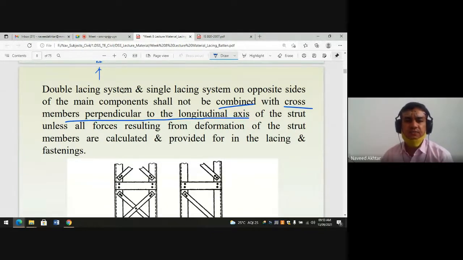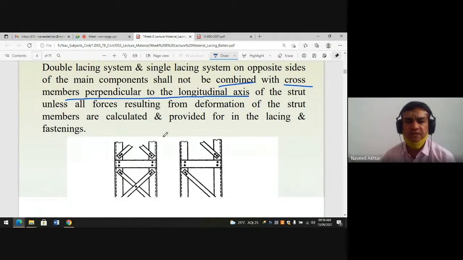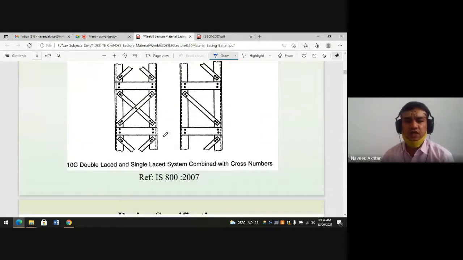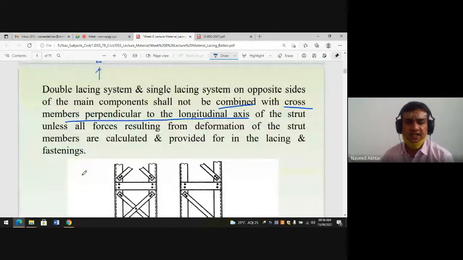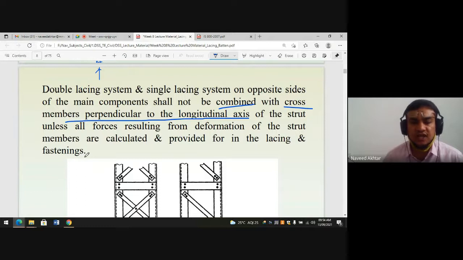Okay, so generally we are providing it in two phases. We don't need it here. So in single lacing system and double lacing system, the opposite side of the main component shall not be combined with the cross member perpendicular to the longitudinal axis.